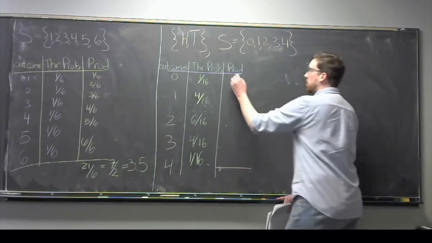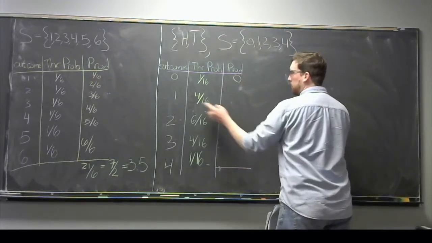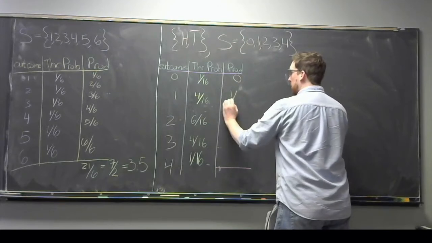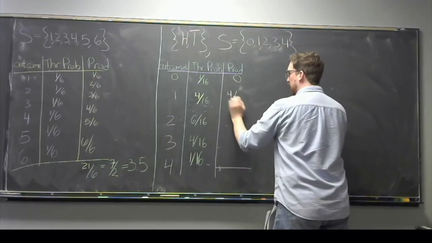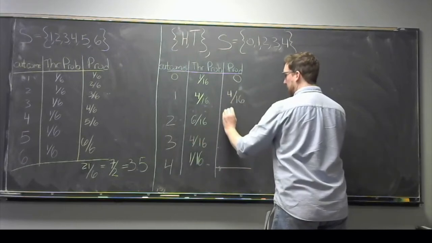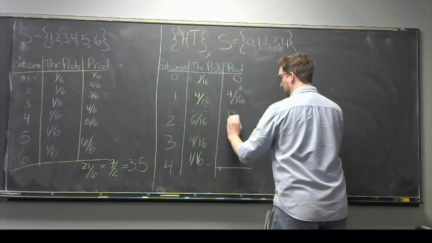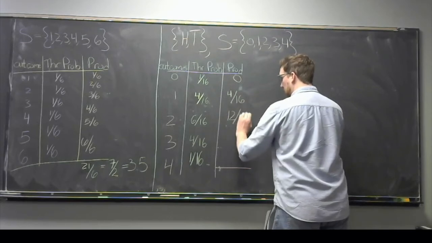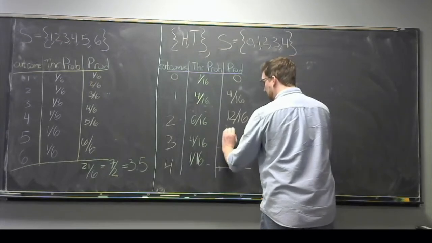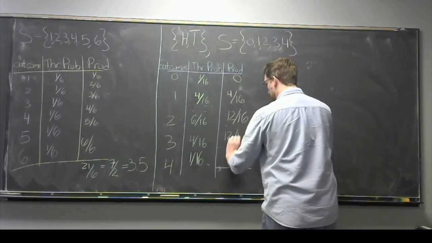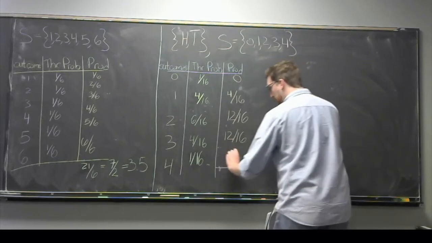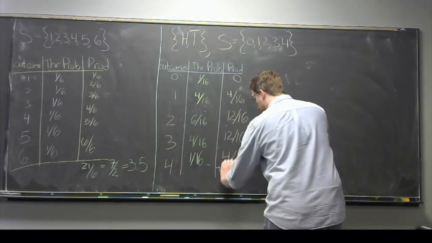And our products are going to be 0, 1 times 4/16 is 4/16. 2 times 6/16 is 12/16. 3 times 4/16 is going to be 12/16. 4 times 1/16 is 4/16.